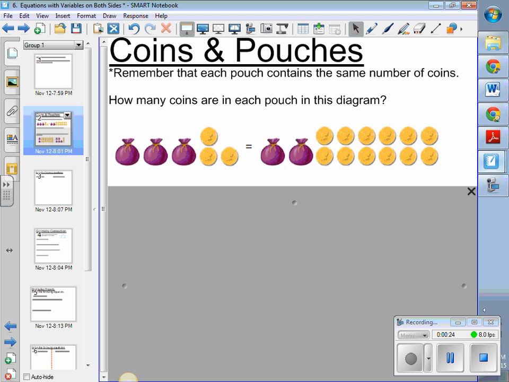If we look at this, we will recall that last time we did some canceling by crossing out things that we had in common on both sides of the equal sign. For example, we have 2 pouches on both sides of the equal sign, and then we have 3 coins. So we're going to cancel out 3 coins.